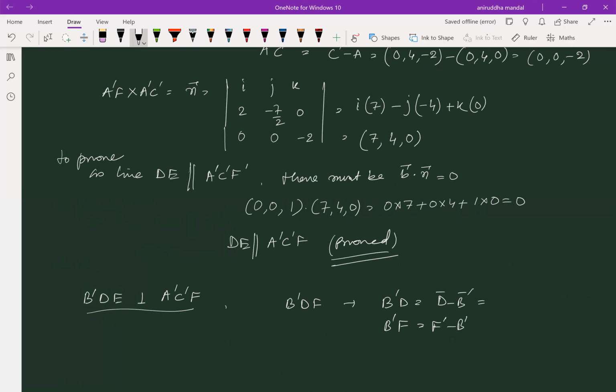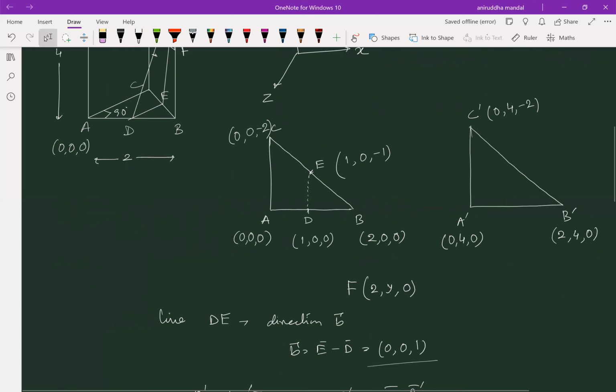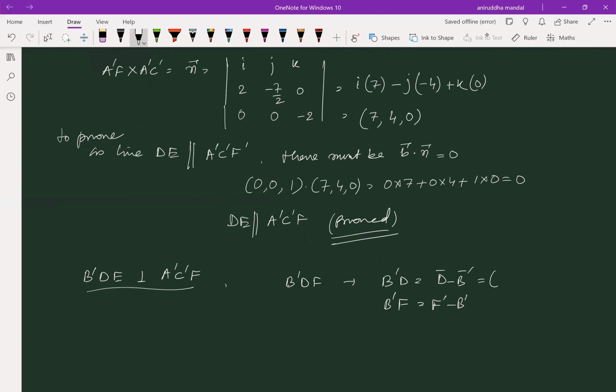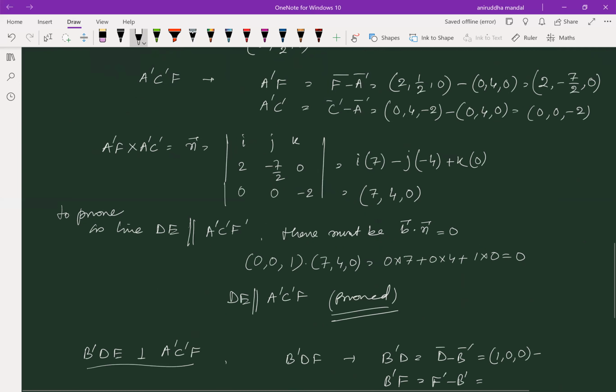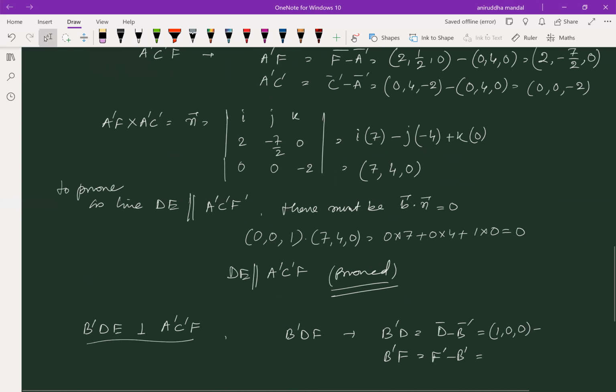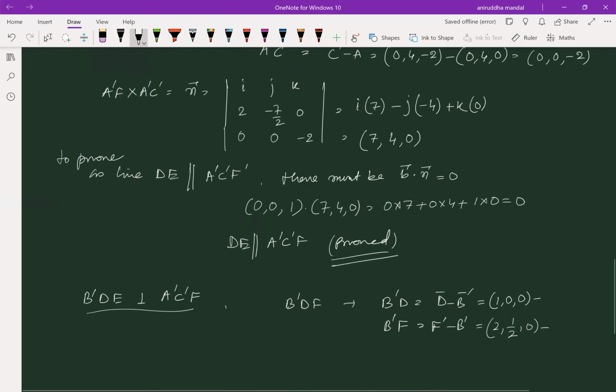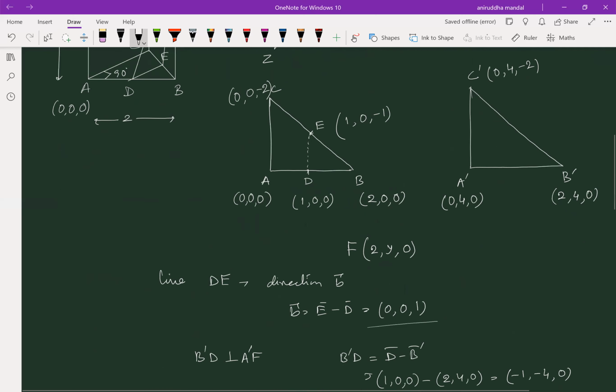So d vector is (1, 0, 0). So this is (1, 0, 0) minus b dash vector, which is (2, 4, 0)... okay, and this f vector is (2, 1/2, 0) minus (2, 4, 0).